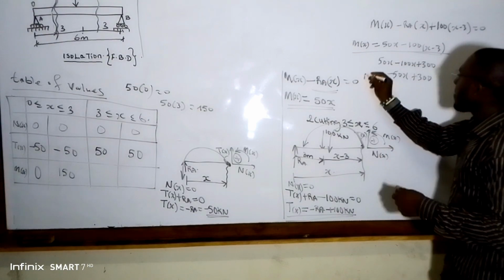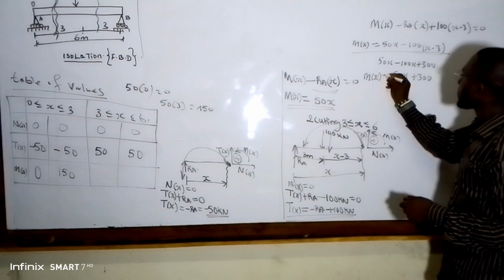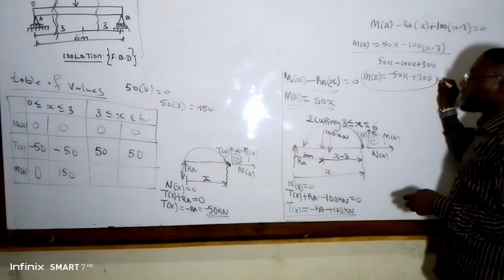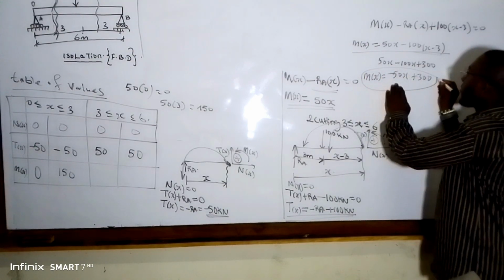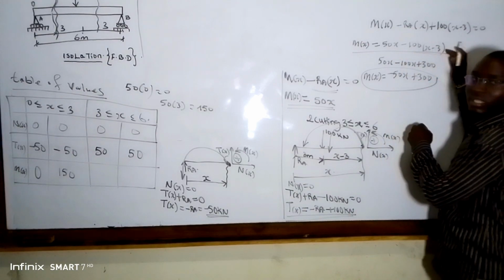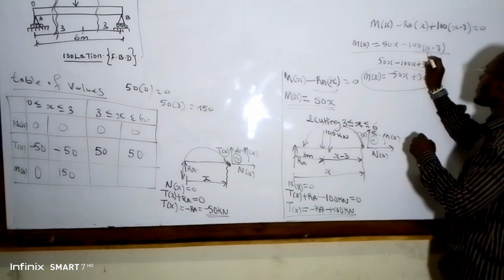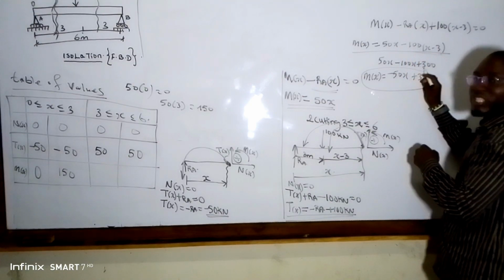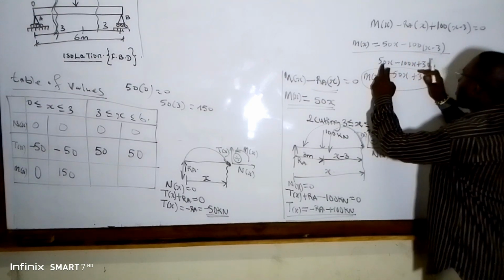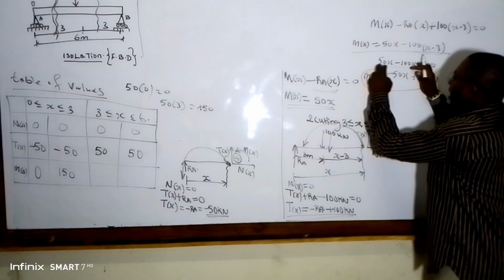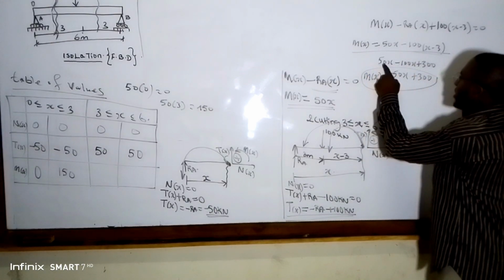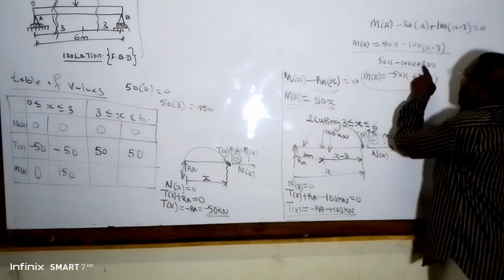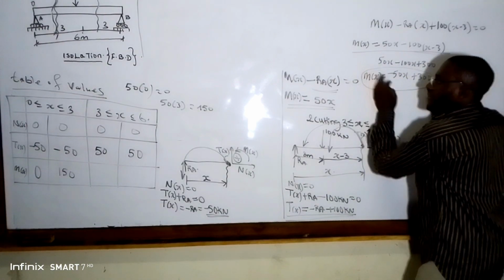This is our final M of x for the second cutting. So let's use this value.